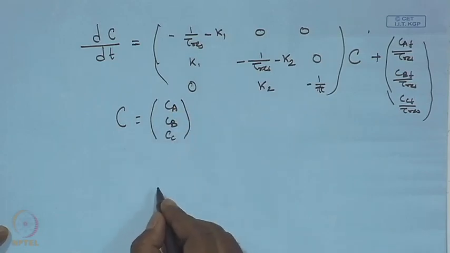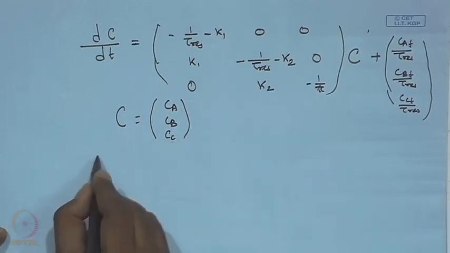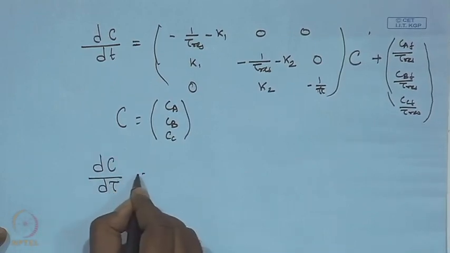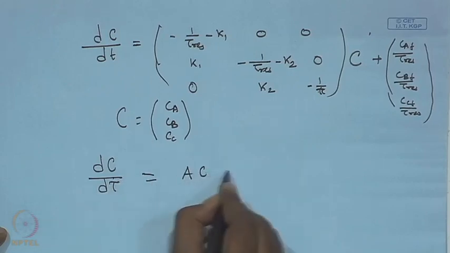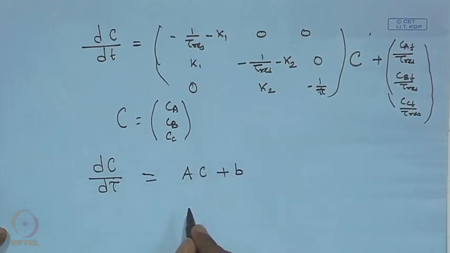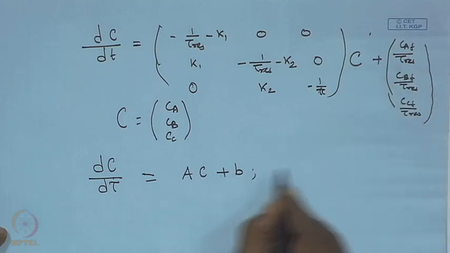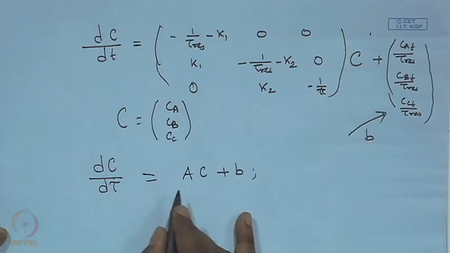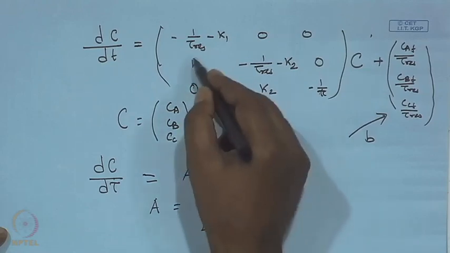So, it has 3 elements. Now, we can write this in a compact form, dC dt is equal to AC plus B, where the B vector is given by this. So, this is the B vector, and the coefficient matrix A can be obtained by putting in all the values.